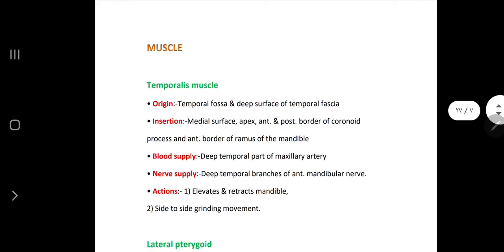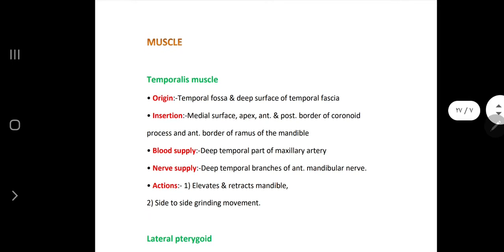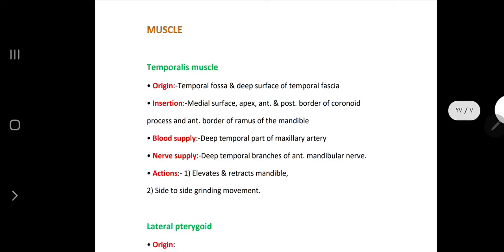Muscles أولا ال inferior part of temporalis muscles. Origin مالها الأصل من temporal fossa and deep surface of temporal fascia. Insertion with the medial surface, apex, anterior and posterior border of coronoid process and the anterior border of the ramus of the mandible.